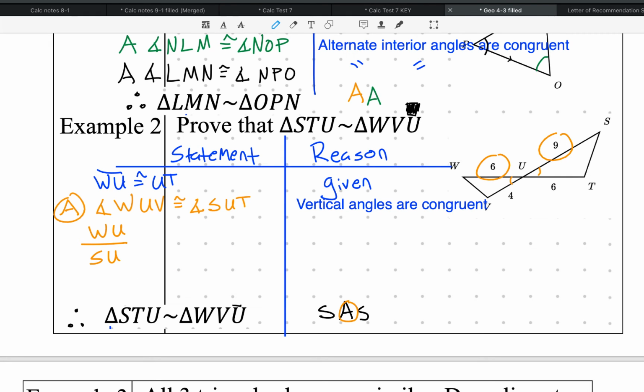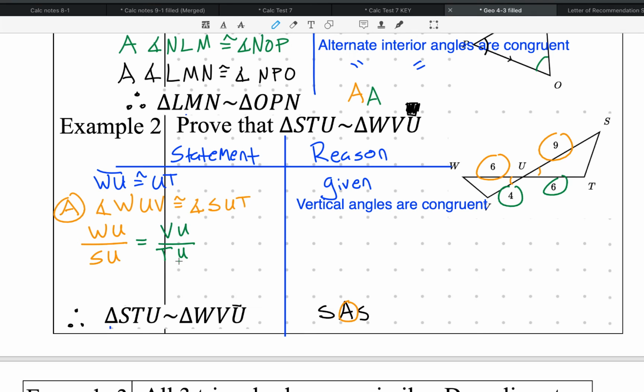This proportion is equal to this other one. So I need to do, again, the smaller triangle piece, so it's going to be VU over TU. These proportions are equal to each other.